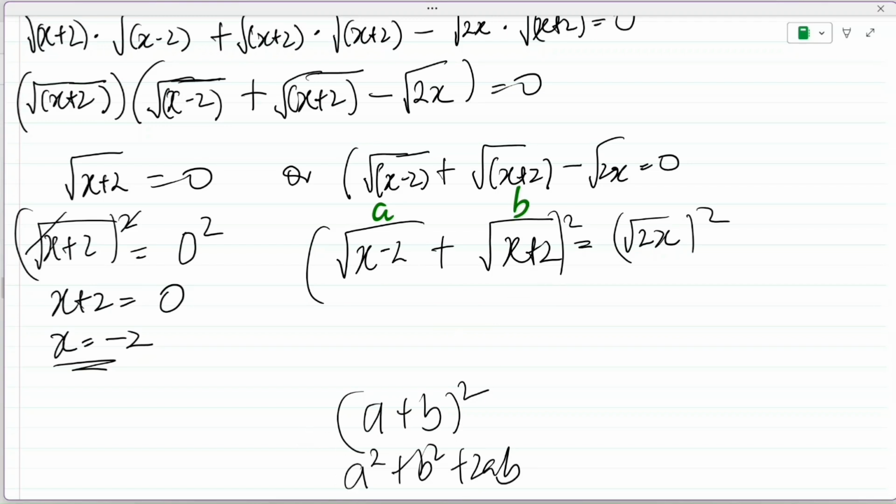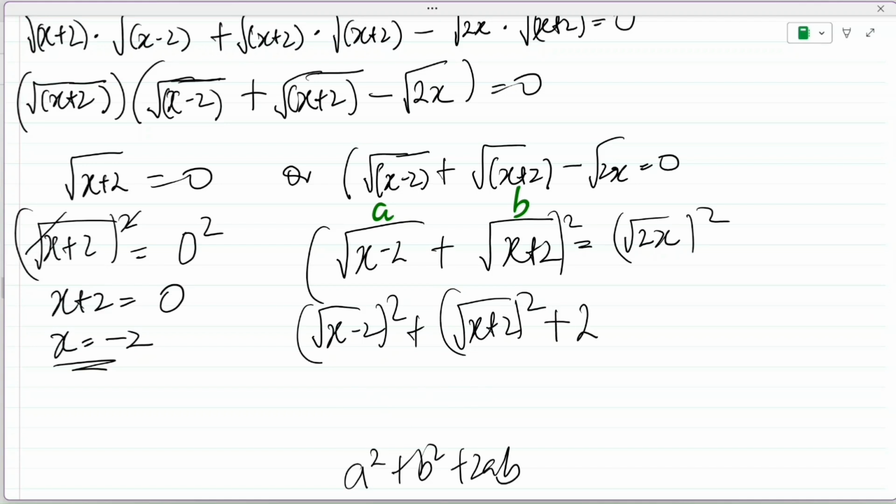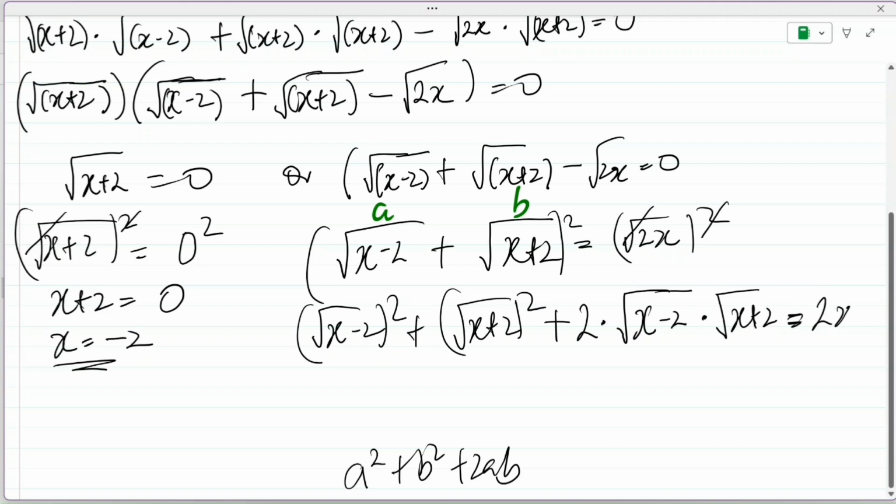We start with a squared: root x minus 2 squared, plus root x plus 2 squared, which is your b squared, plus 2ab, which is 2 times square root of x minus 2 times square root of x plus 2. On the right of the equals, the square cancels the square root, and you'll be left with 2x.